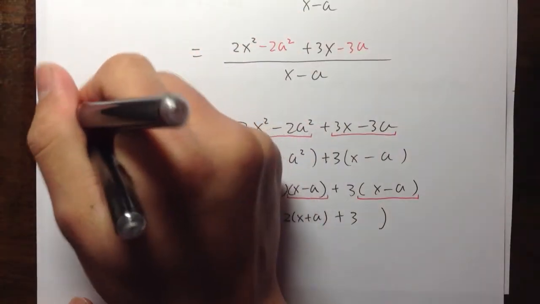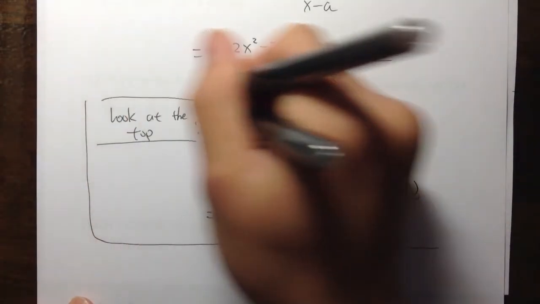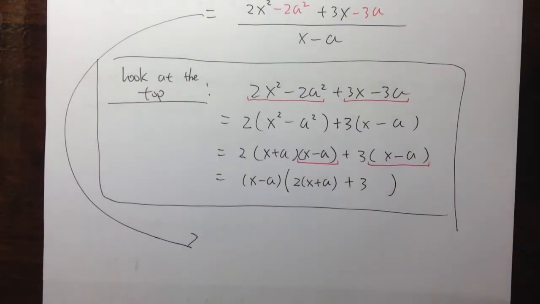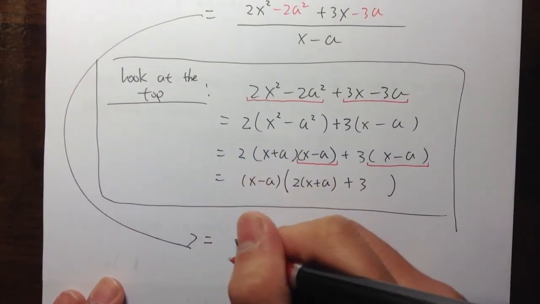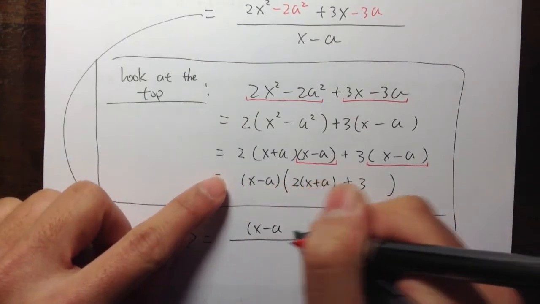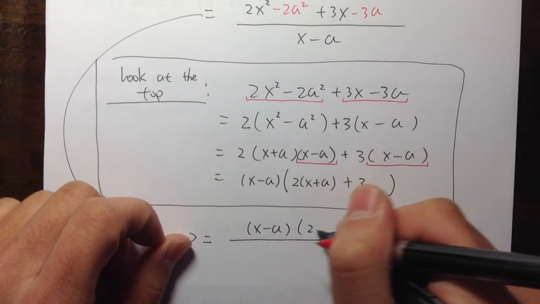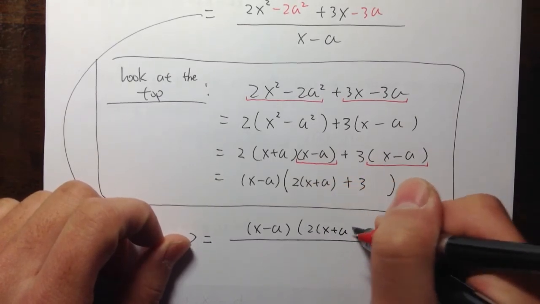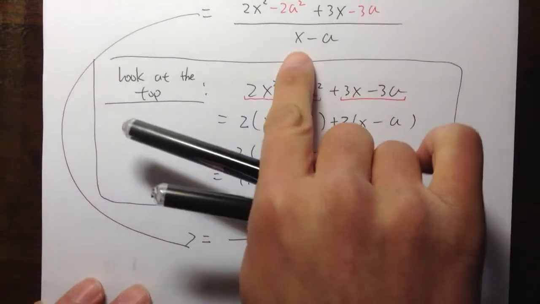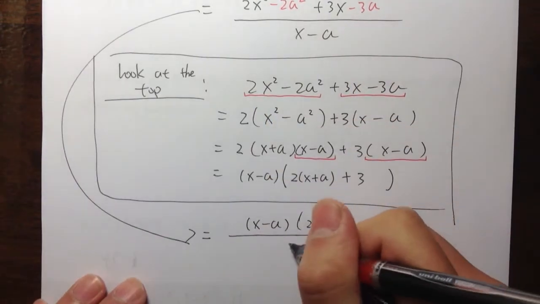Okay, so let me put a box in here. And then continue here. Now the top is equal to that: x minus a, parentheses, 2 parentheses x plus a plus 3, over x minus a.